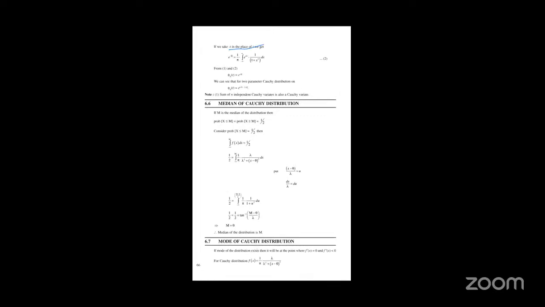After exchanging t with x, we substitute minus t in the place of t. From the previous equation as well as this equation, we can conclude that phi x of t equals e power minus mod t. The same value we get if we interchange them.